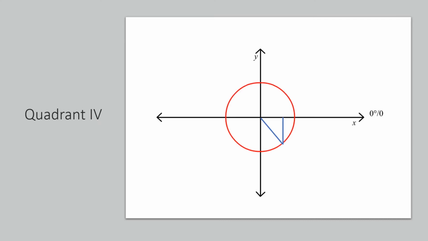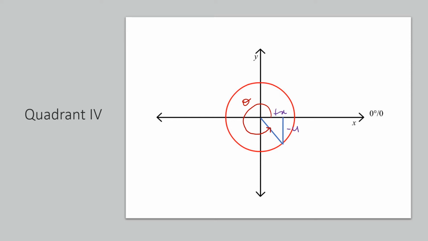Now let's look at the fourth quadrant. In the fourth quadrant, our angle starts at 0 and goes all the way around. So this would be our angle in the fourth quadrant. So we'll call this theta. So let's look at what happens with our x and y.